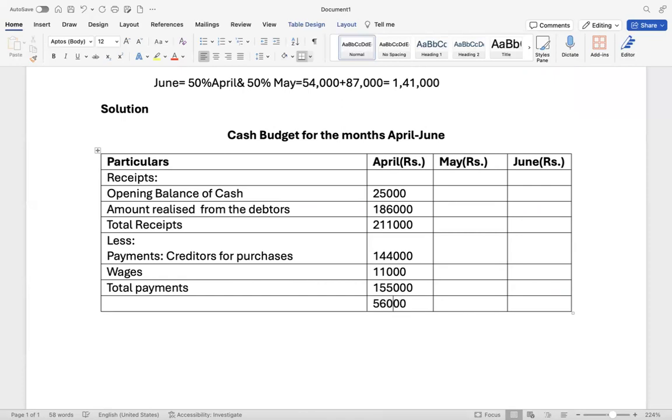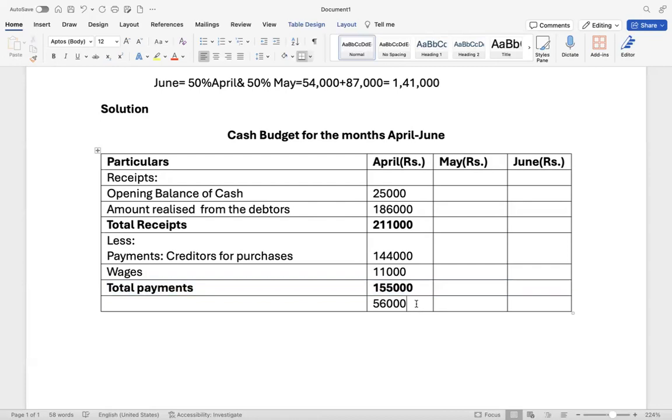What is this 56,000? Look at this. 2,11,000 is the total receipts. Then total payments in the month of April are 1,55,000.